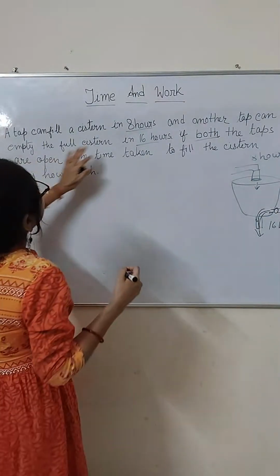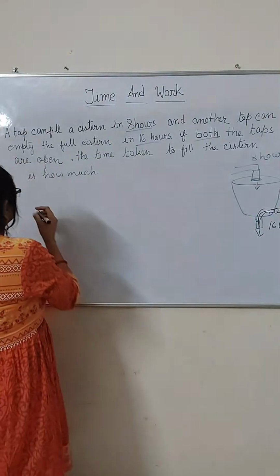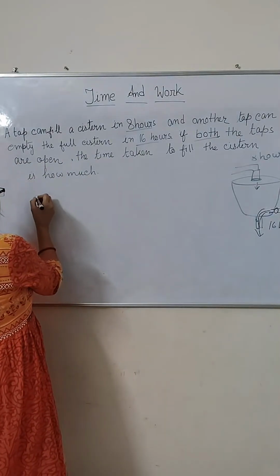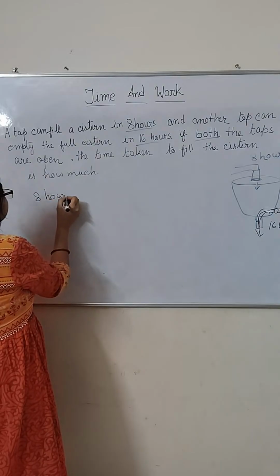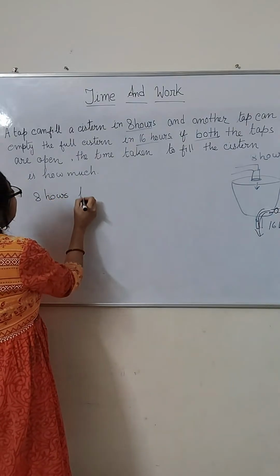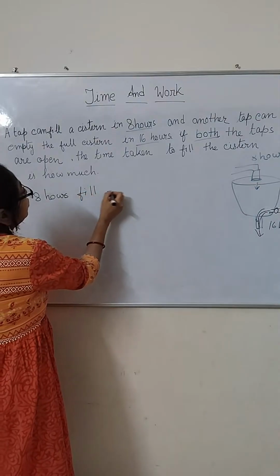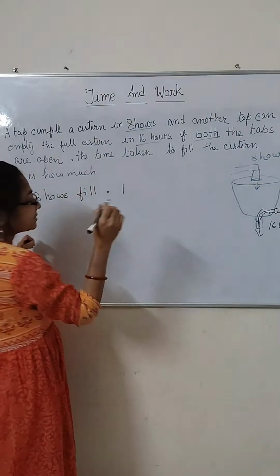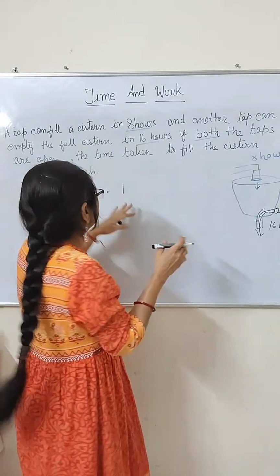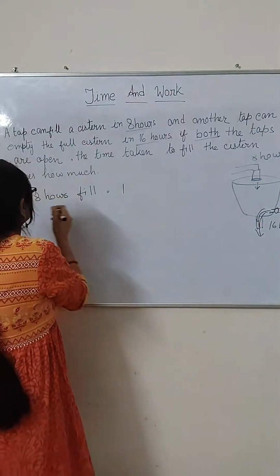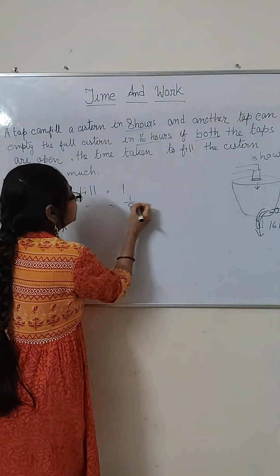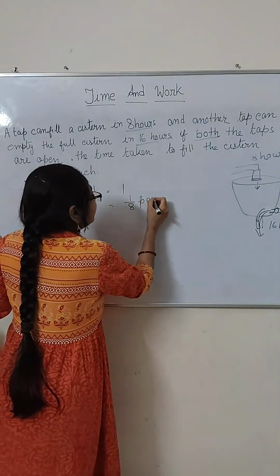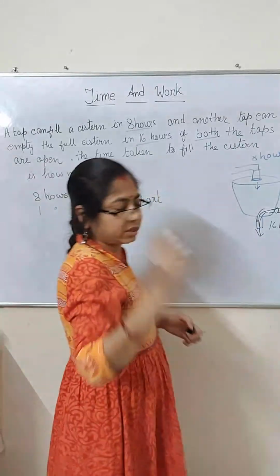First you fill 8 hours, fill equal to 1 means cistern. Full cistern you completed 1. 1 hour fills 1/8 part. And one more thing.